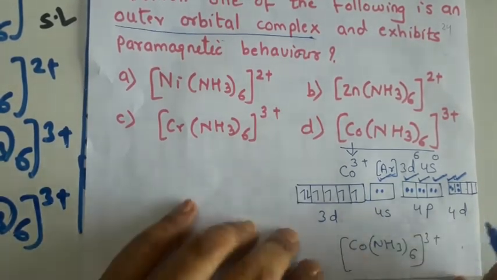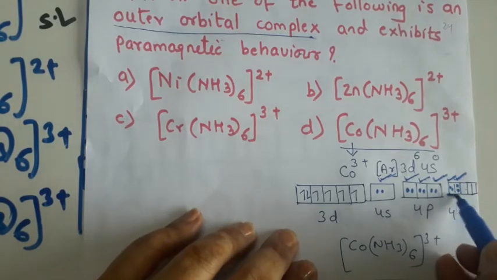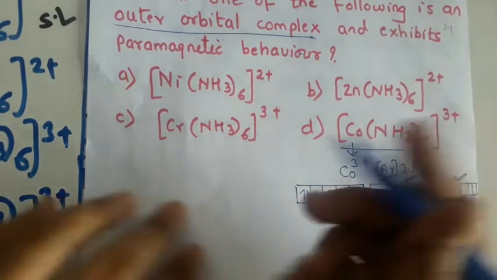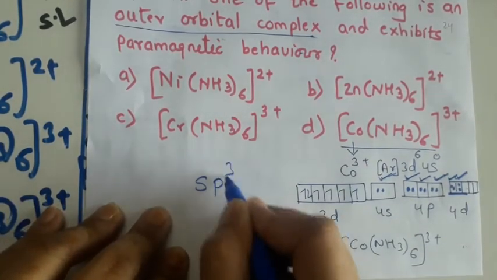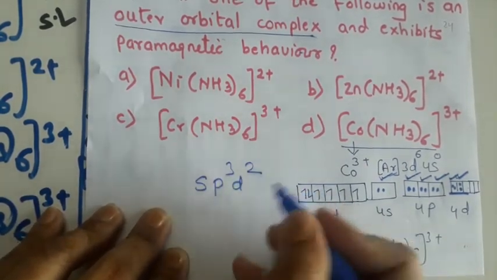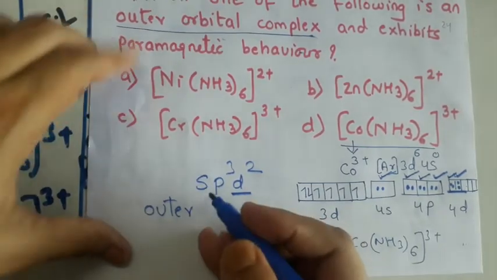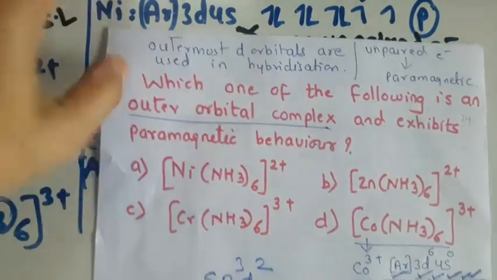Now in this case students, the outermost orbital which is used is d. This hybridization is going to be sp3d2. Yes, it is using the outermost d orbital in hybridization.